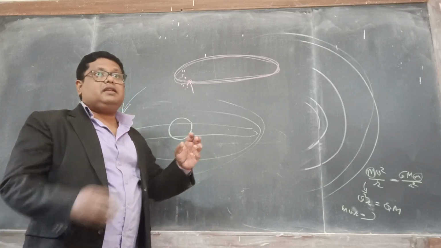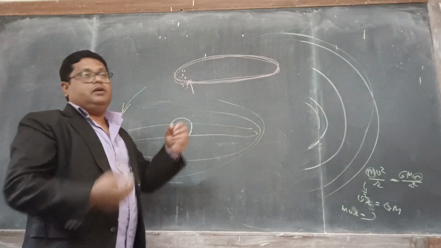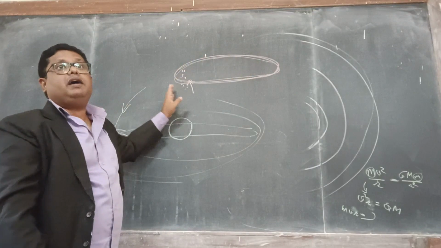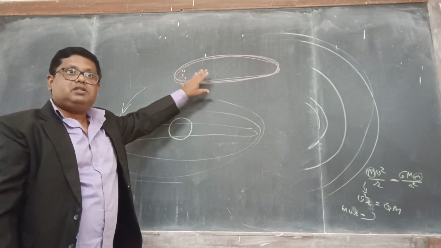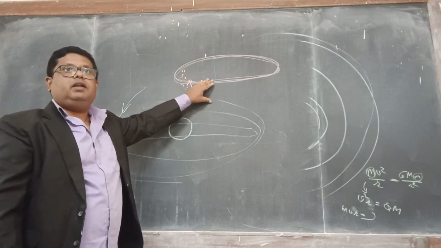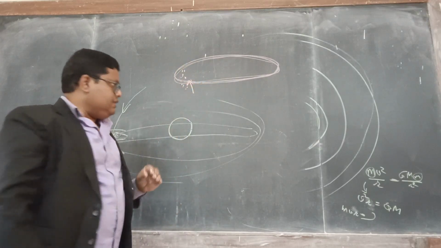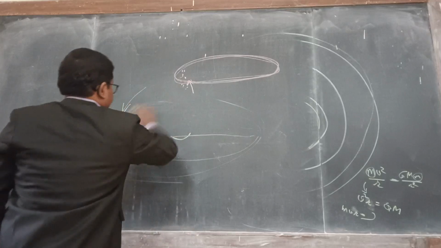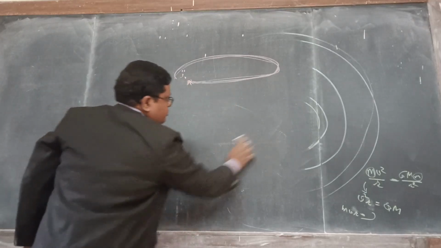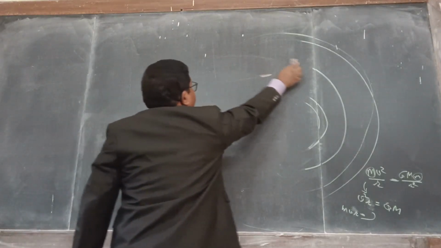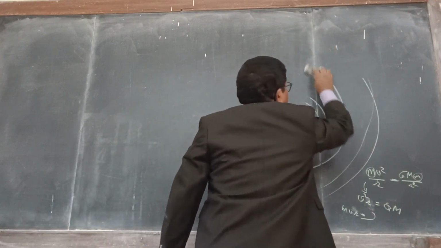Unstable in the sense that there will be turbulent motion between these fluid particles, plasma. And as a result of this turbulent motion, what will happen? The angular momentum will be dissipated. This is known as magneto-rotational instability, MRI.